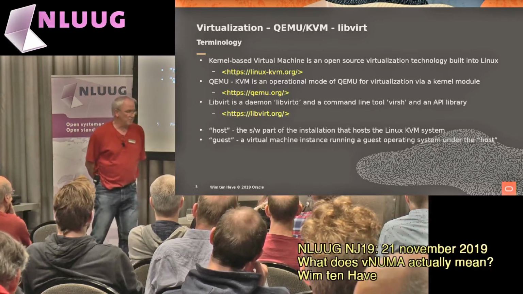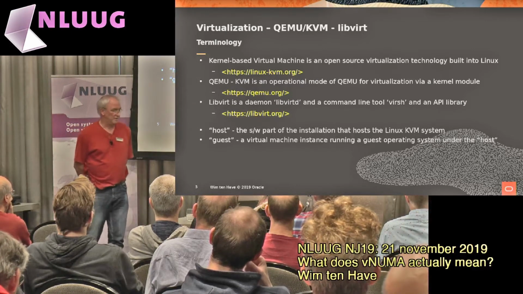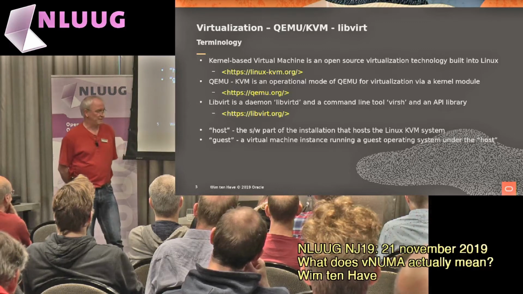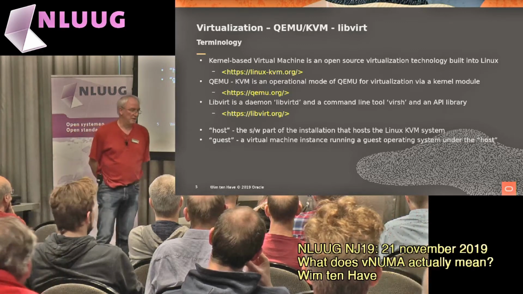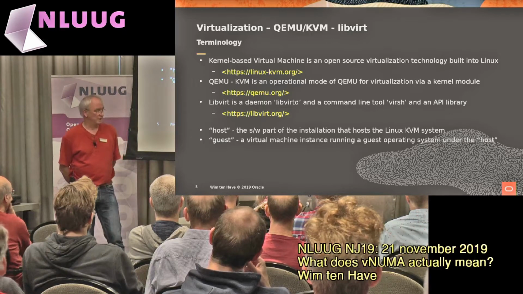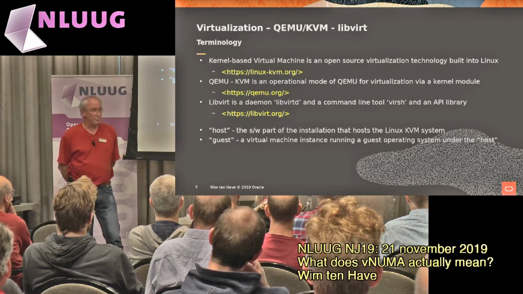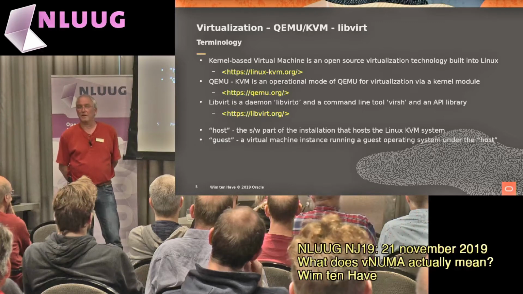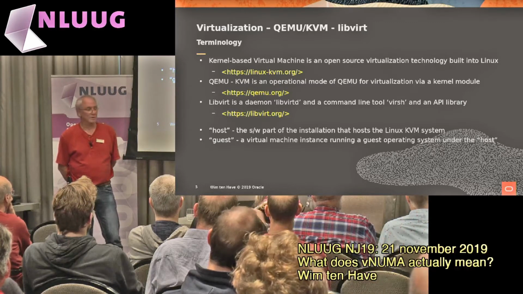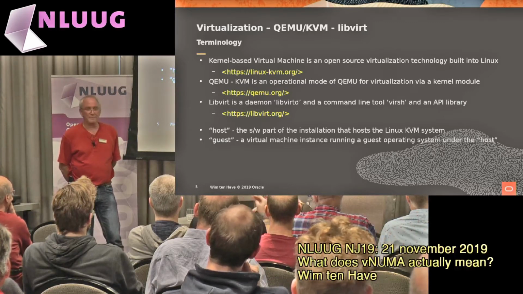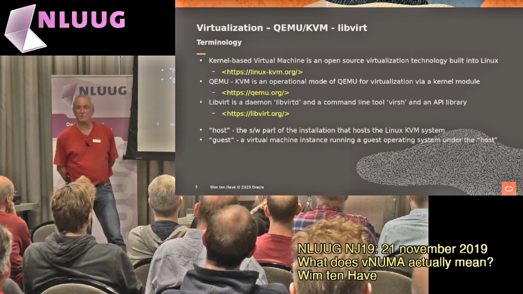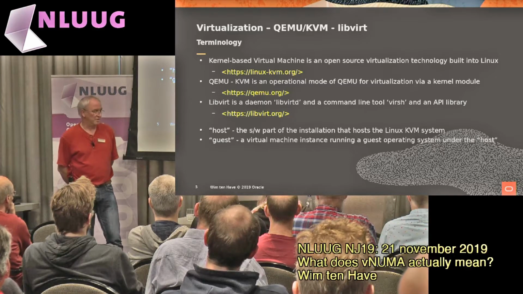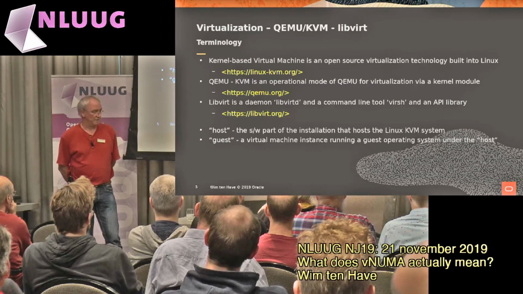So the terminology is, there's a couple of components I'm going to address in this presentation. It's about the kernel-based virtual machine, KVM, and QEMU, which stands for Quick Emulator. QEMU can actually emulate any CPU, but it can also, in combination with KVM, utilize the hypervisor support within the host kernel to get your code running.